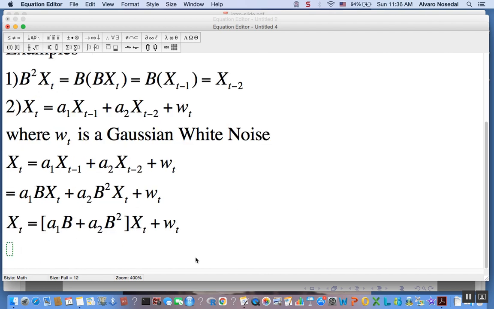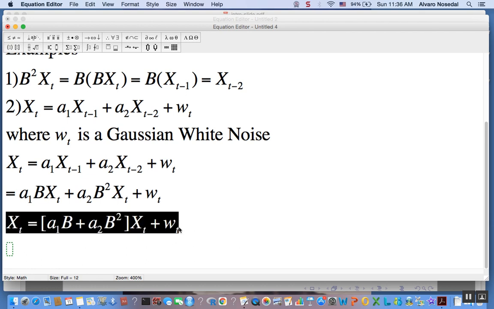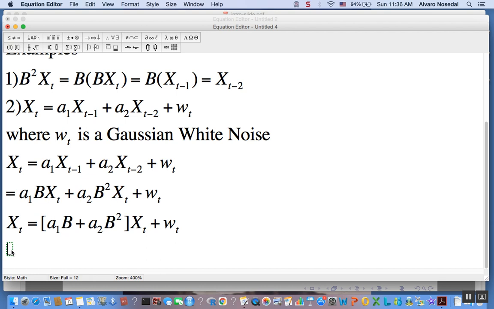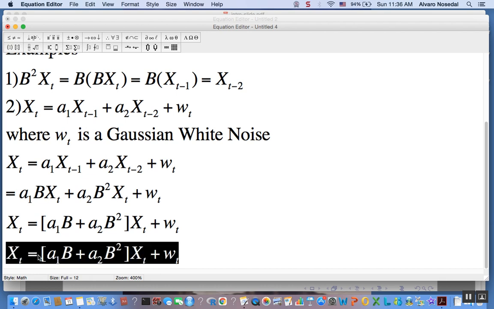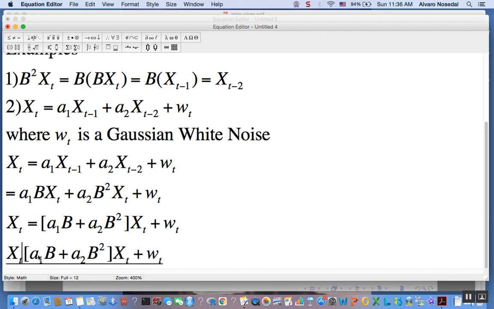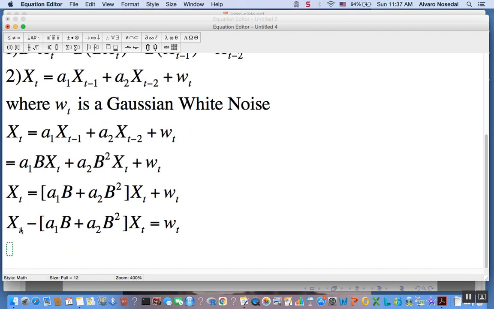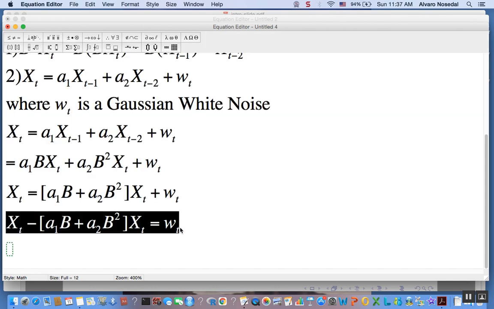Okay. So now let me rewrite our last equation like this. You can see that we could factor out that xt, so that's what we're going to be doing next.